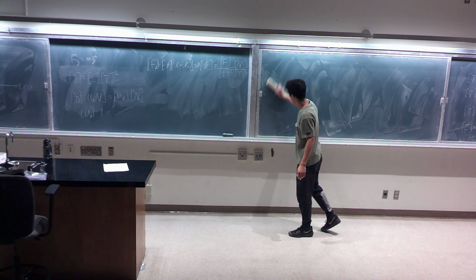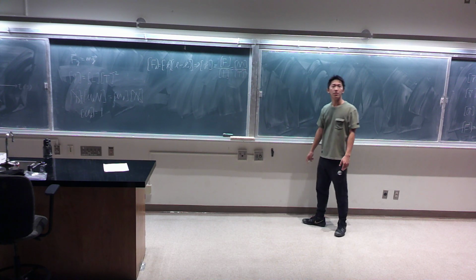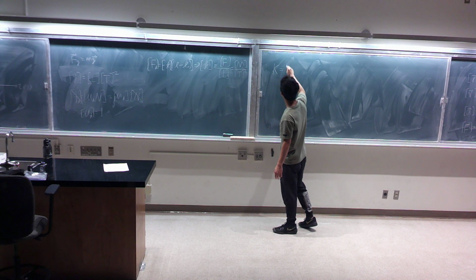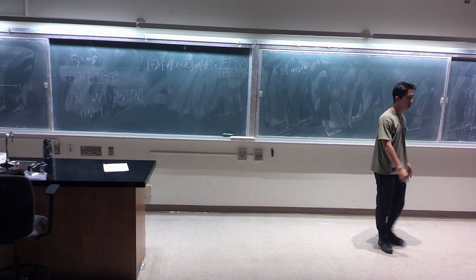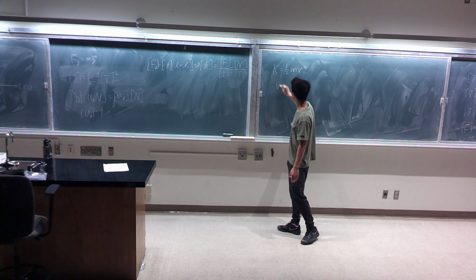Alright, let's do something for the final. So the first conserved quantity we learned for the final is energy. Energy is conserved, and if there's only kinetic energy, it should be 1/2 mv squared. If you want to change kinetic energy, you need to do work.